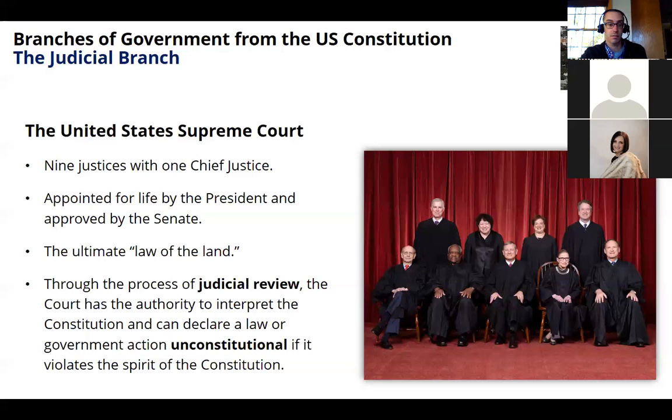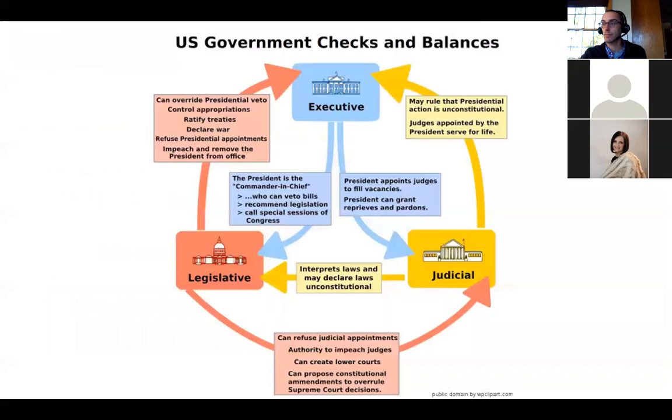That's not a possibility. So it doesn't enter into their conversation or their decision-making process, which is a smart thing, I think, for those founding fathers to build into it. So here we have the checks and balances. One of the powers in yellow of the judicial branch is judges appointed by the president serve for life.